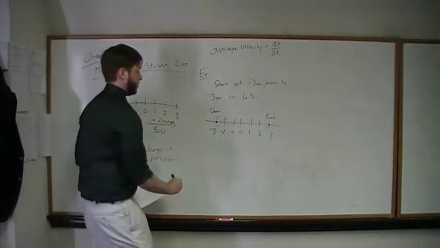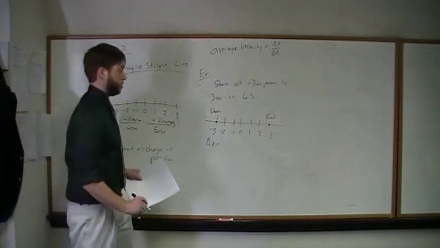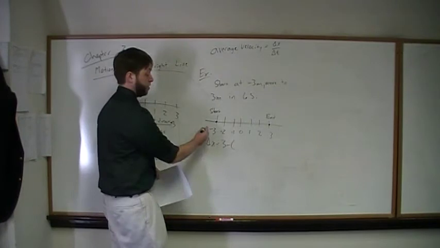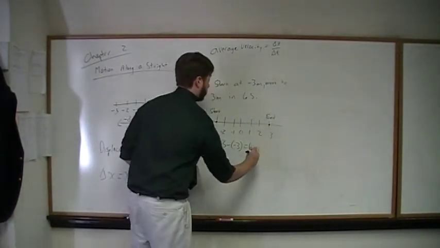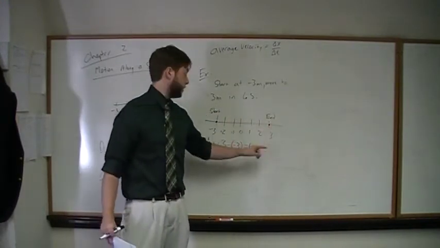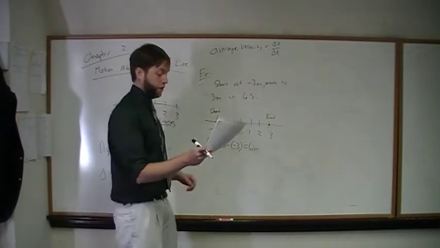Our change in position, delta x, would be equal to x final minus x initial. Notice that x final is 3. We subtract the initial position, which is minus 3, to get a change in position of 6 meters. And that makes sense. We had to move right 6 units, and that is why we have a positive sign in front of the change in position.